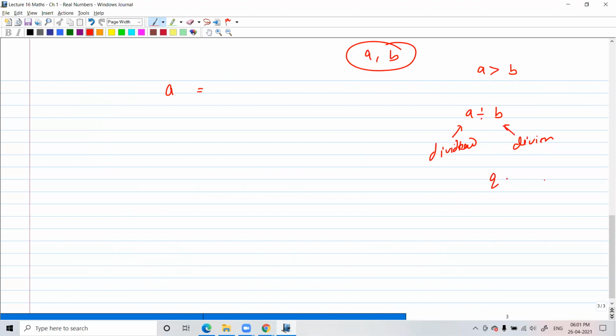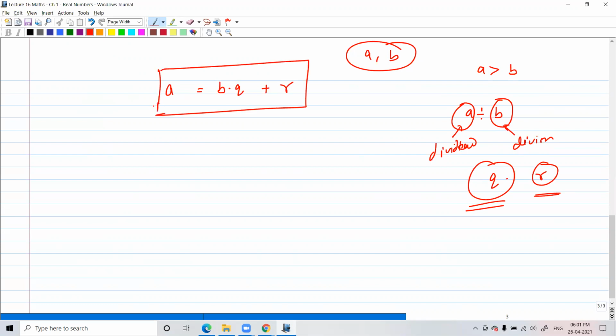There will be some quotient Q and some remainder R. So if we have A, B, Q and R, it can be written as A is equal to B times Q plus R. This is what Euclid's division lemma is.